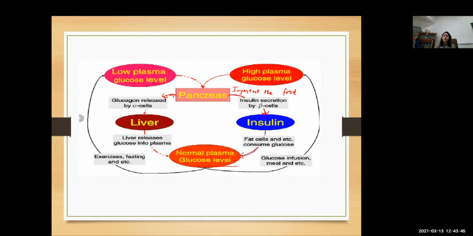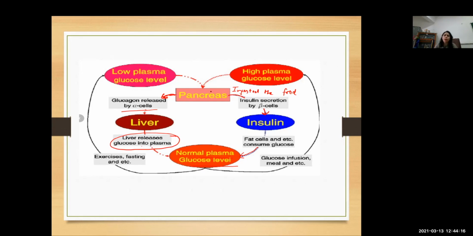That is, the pancreas is getting activated again in case of low blood sugar. The glucagon released by alpha cells activates the liver, and the liver releases glucose into plasma. This is the situation where we feel that we are no more hungry, because enough glucose has been transported into the plasma, and our hunger pangs are gone.